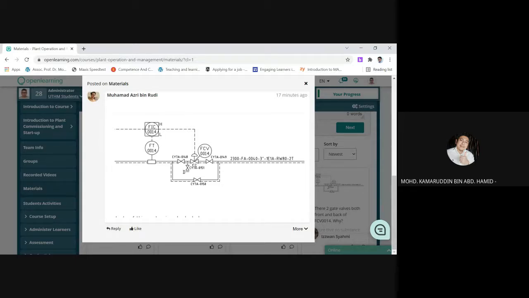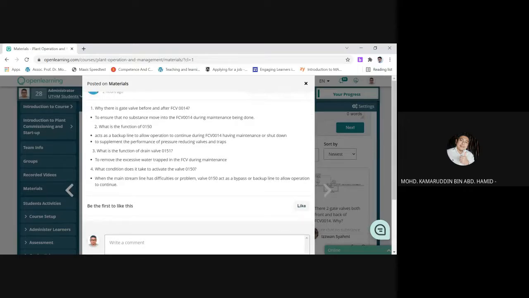Before it stuck, you may see the dynamic performance of the valve, they might have some lagging. So you need to observe. But that's not tugas engineer ataupun tugas technologist. That is the job of reliability personnel or reliability engineer.